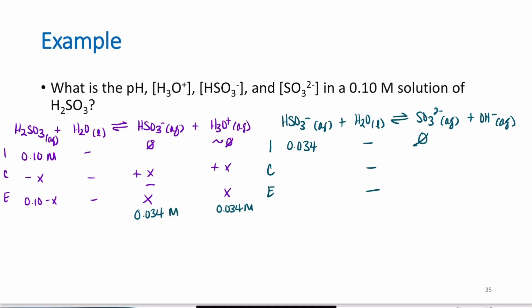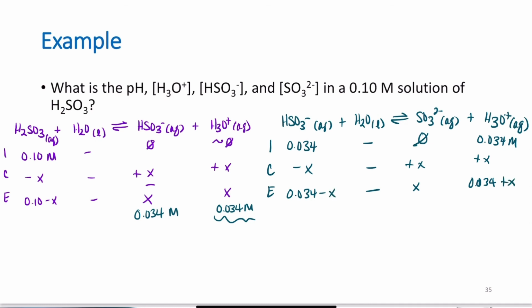I don't know why I just wrote hydroxide. That should definitely be hydronium. How much hydronium ion do I have? 0.034 molar from the first dissociation. Don't forget that part. Minus x, plus x, plus x: 0.034 minus x, x, and 0.034 plus x.